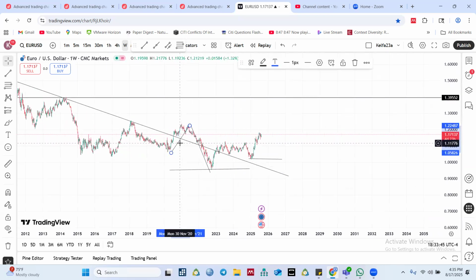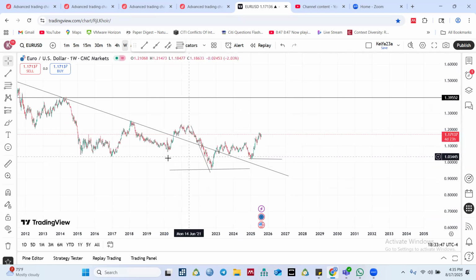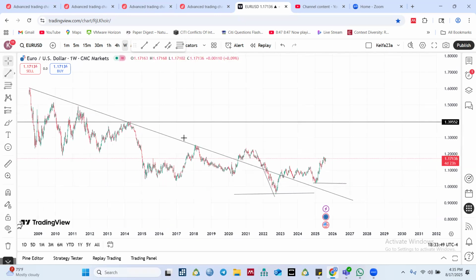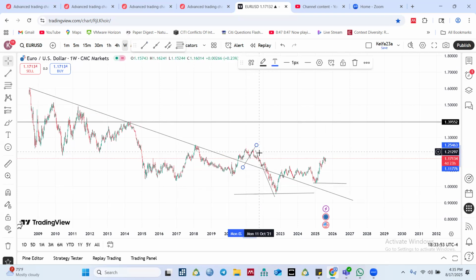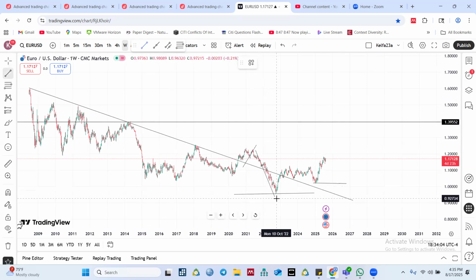Now here we can see that we traded above the trend line, and trend lines act as diagonal resistances and supports. So we traded above the trend line here, but we still ended up coming below the trend line to give us a low. Now currently we are above the trend line.